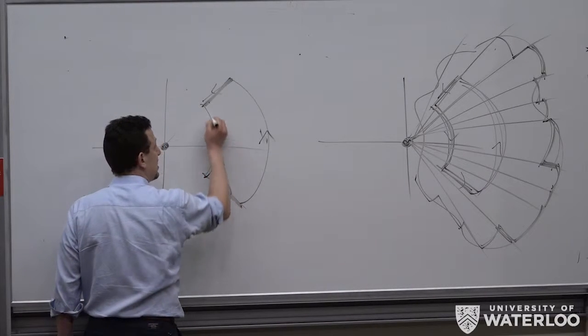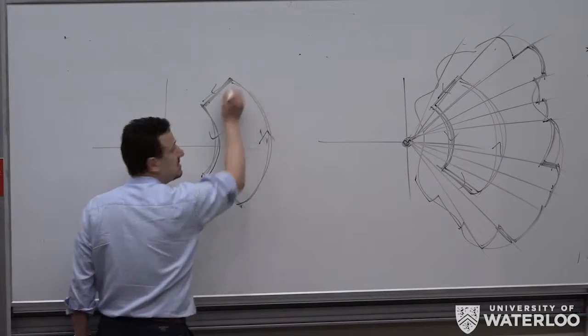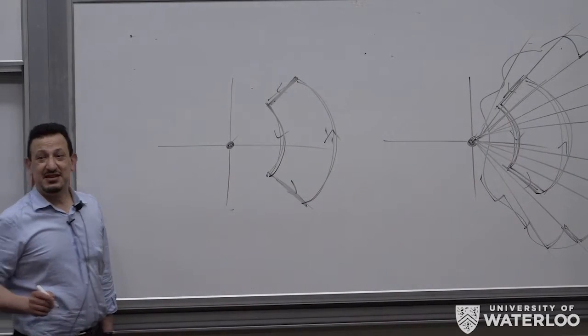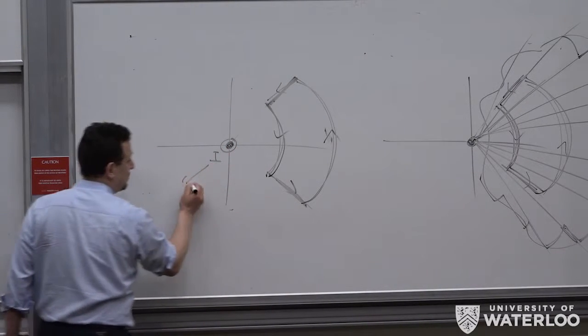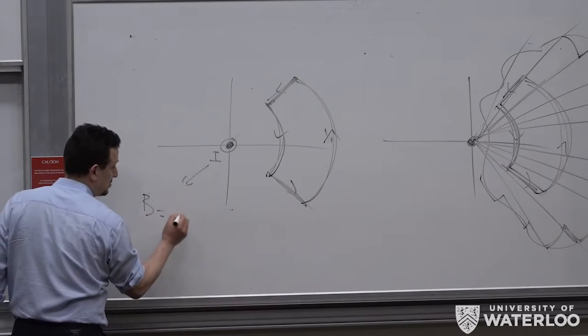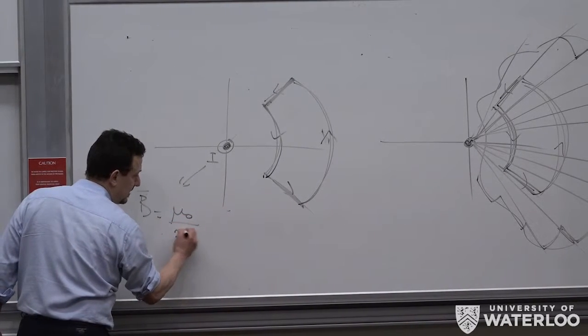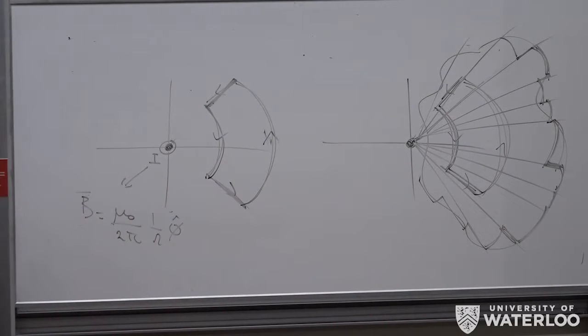The integration along this contour is precisely equal to the integration along this contour. So if I have a current I here, this I will give me a B which looks like this: mu naught divided by 2 pi, 1 over r, phi hat. Correct?